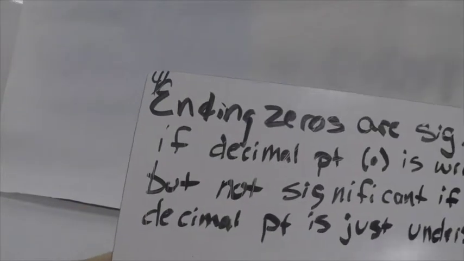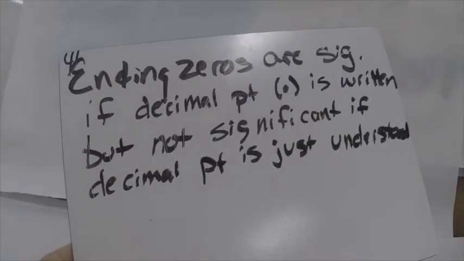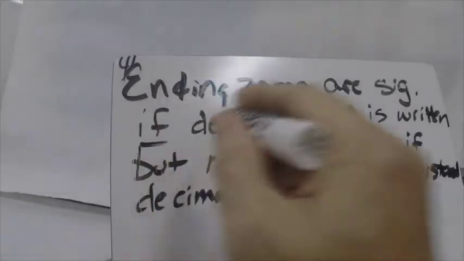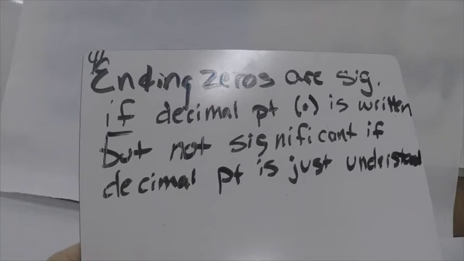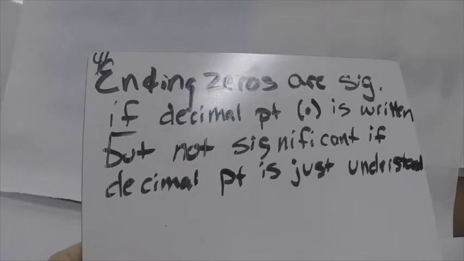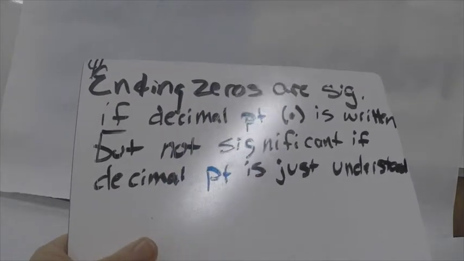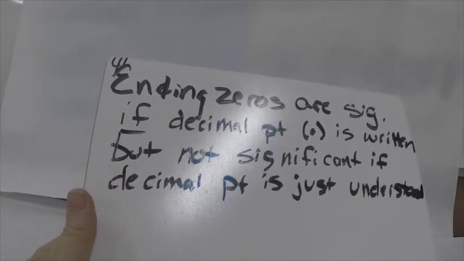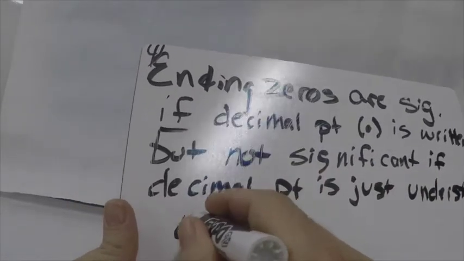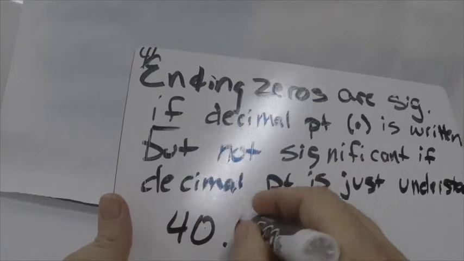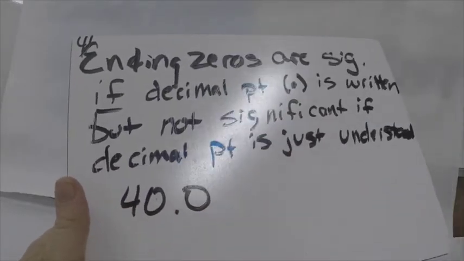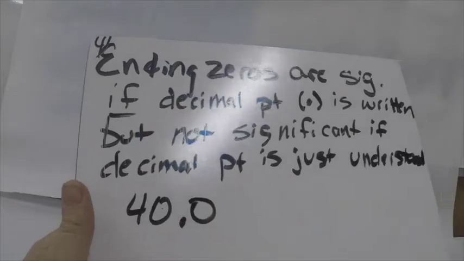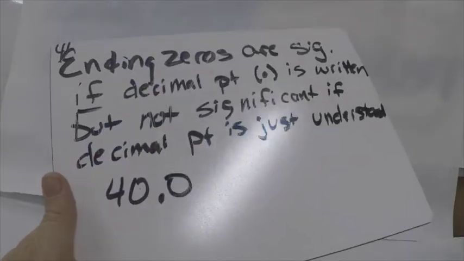Last rule: ending zeros are significant if the decimal point is written. But they're not significant if the decimal point isn't written, if it's just understood. So let's take the first one. Let's say that I write 40.0. If the decimal point is written, ending zeros are significant.